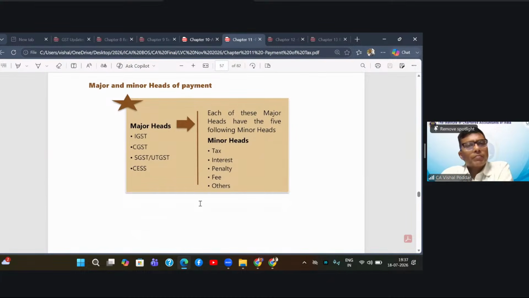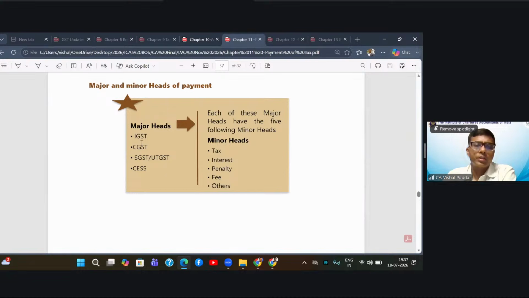Now, importantly, if I have to explain the structure of your cash ledger, it is like a matrix where the headings of your columns are the taxes, the major heads: IGST, CGST, SGST, UTGST, cess. So these are called major heads, and within each major head, that is within each tax head, you have rows of minor heads.